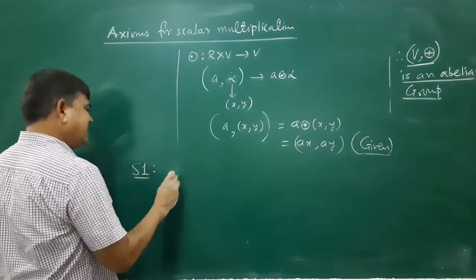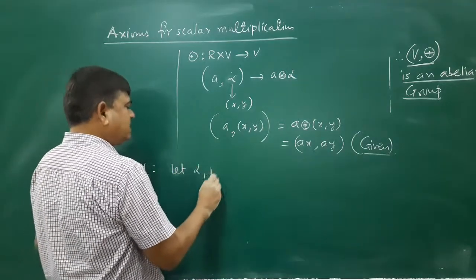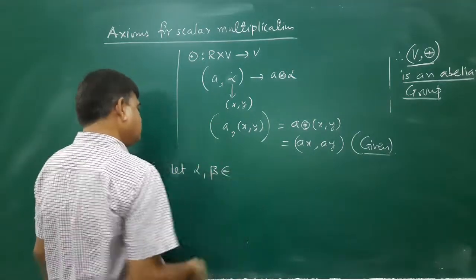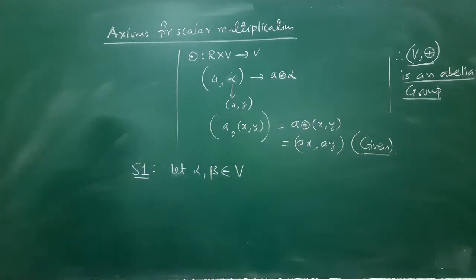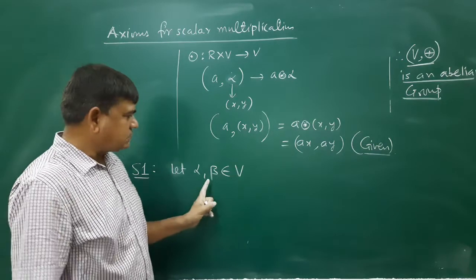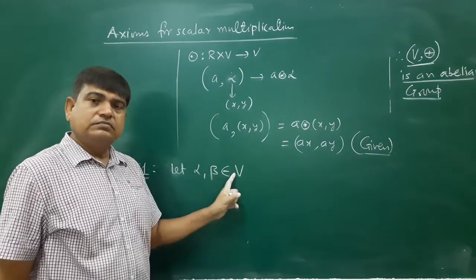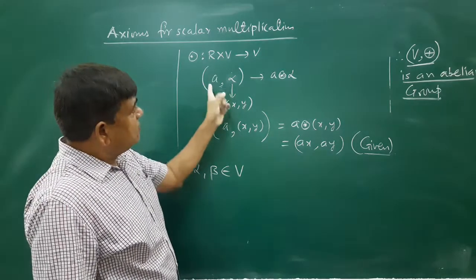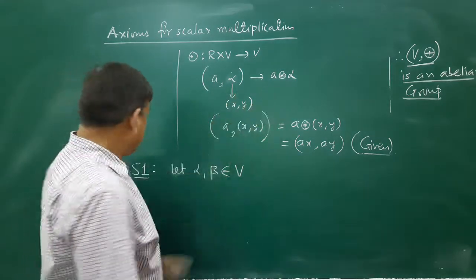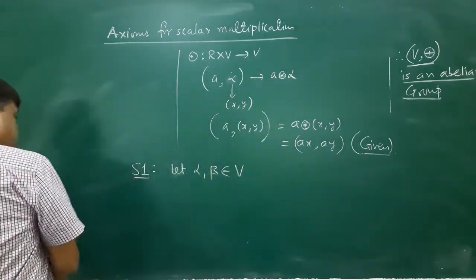So I write here, let alpha beta belongs to V. Better take only one element here.